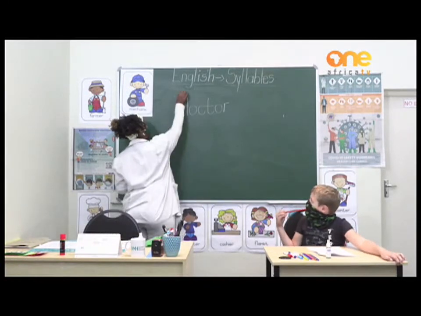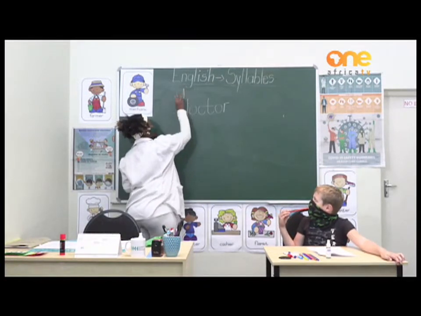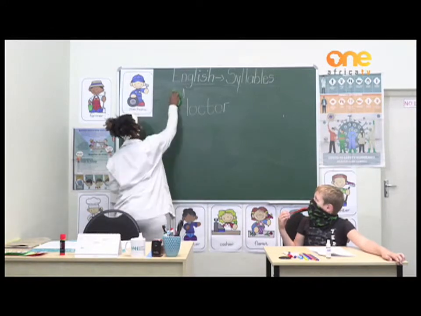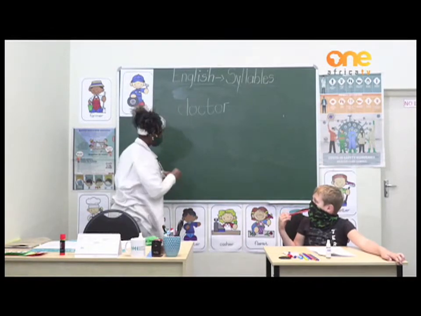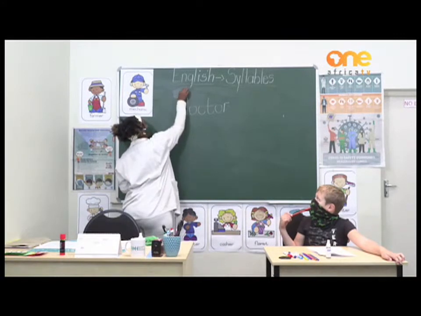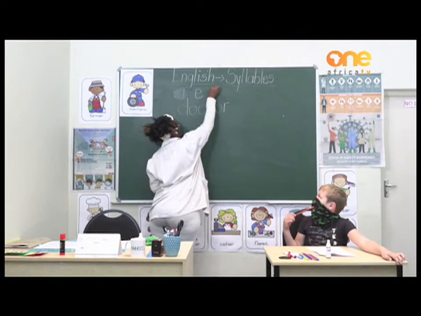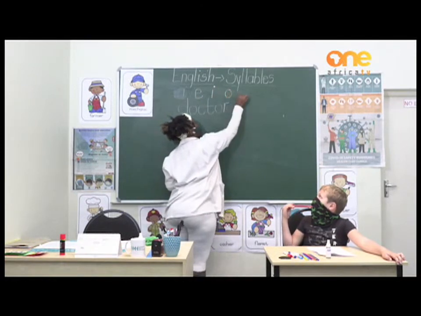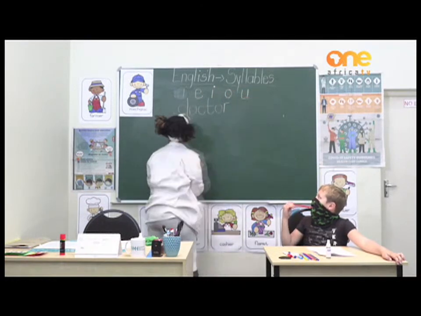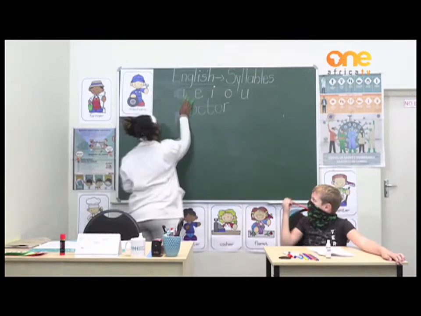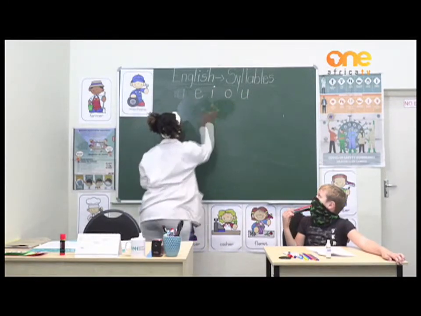Our vowels are A. Oops, that's ugly A. Let me rewrite it again. A, E, I, O, and the U. Very good. Let me also just take this word down a little bit so that we can see nicely.